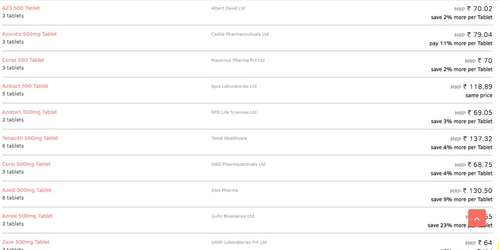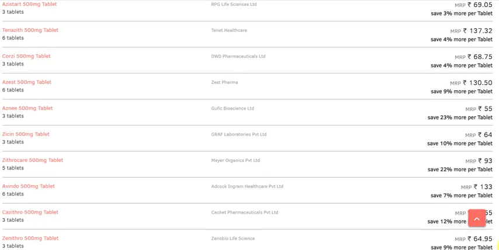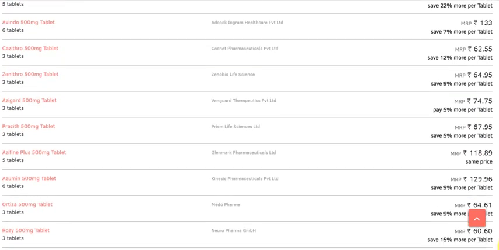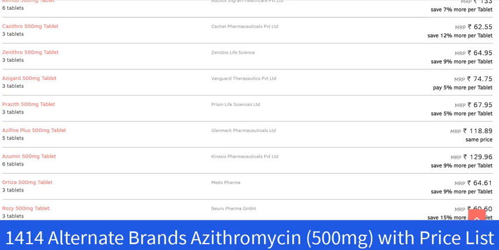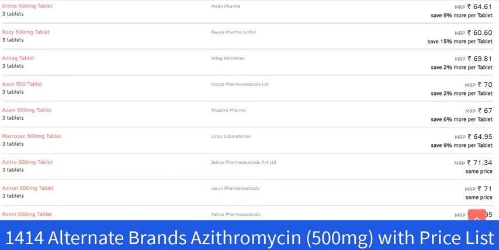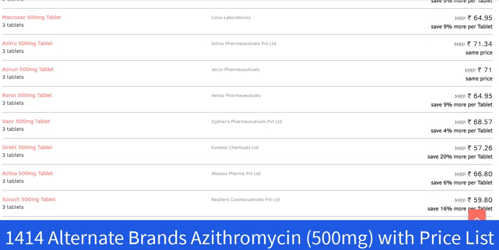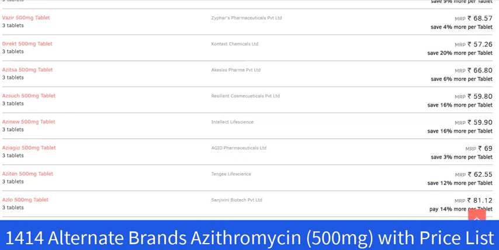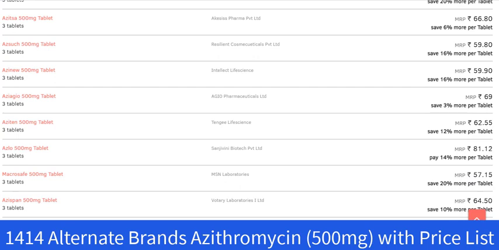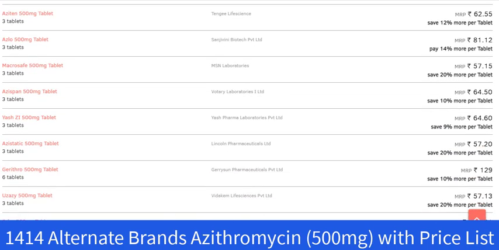Uses of azithromycin tablet. Bacterial infections. Benefits of azithromycin tablet. In bacterial infections, azithromycin 500 tablet is an antibiotic medicine which can be used to treat many different infections caused by bacteria. These include infections of the blood, brain, lungs, bones, joints, urinary tract, stomach and intestines.